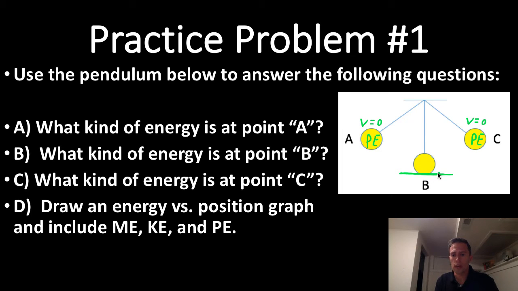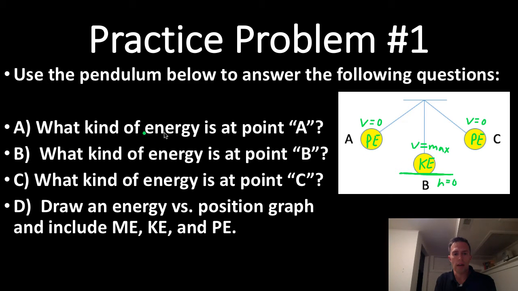And so at point B, because it has a height equal to 0, it will not have any potential energy. It will all be kinetic energy. This is at point B where the velocity of this pendulum will be at its max. It's going the fastest at point B.